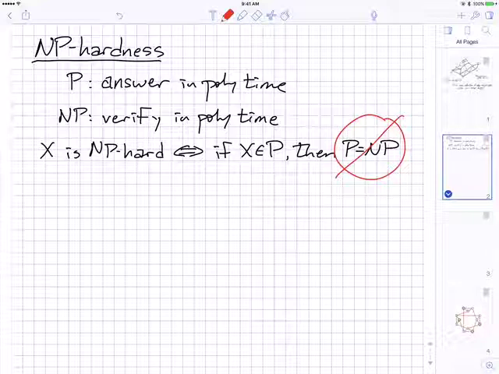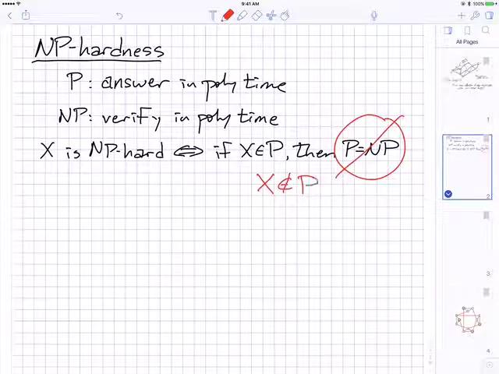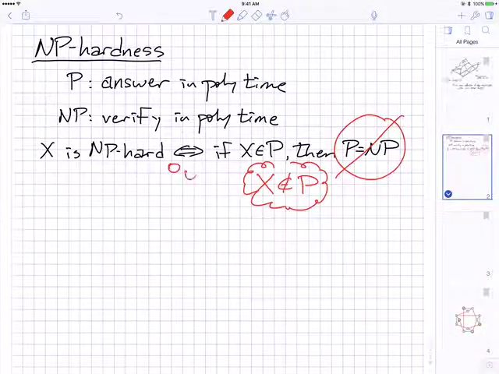And so this statement, if X is in P, then false, is logically equivalent to, there is no polynomial time algorithm for X. Now, this is formally intuition, but for purposes of this class, it's the right intuition to have.